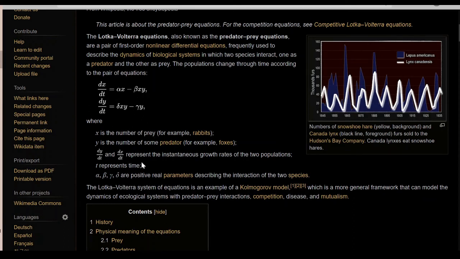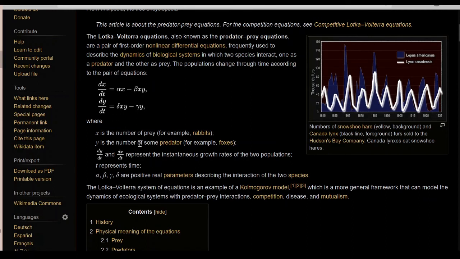The more predators there are, and the more rabbits there are, the more likely it is for predators and rabbits to interact. The easier it is for a predator to find and eat a rabbit. So dx/dt is also affected by x times y, which represents the amount of interaction between prey and predator.